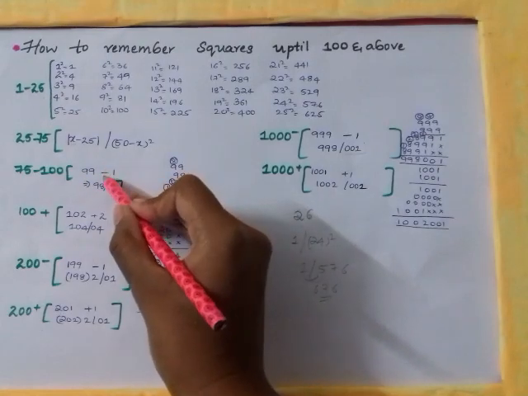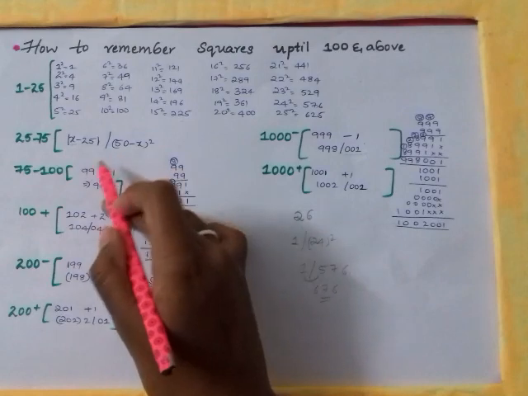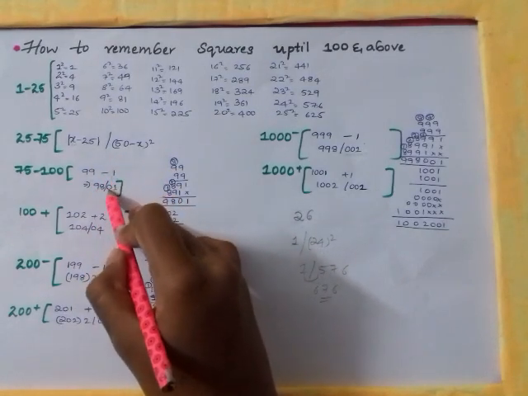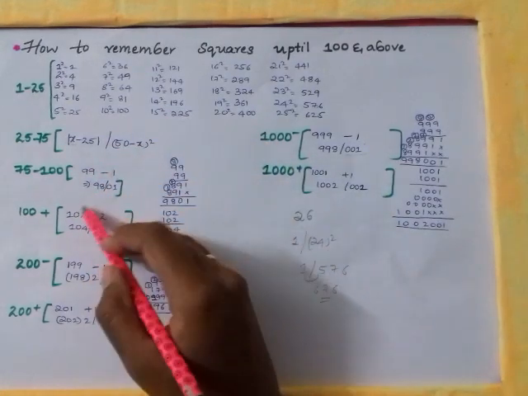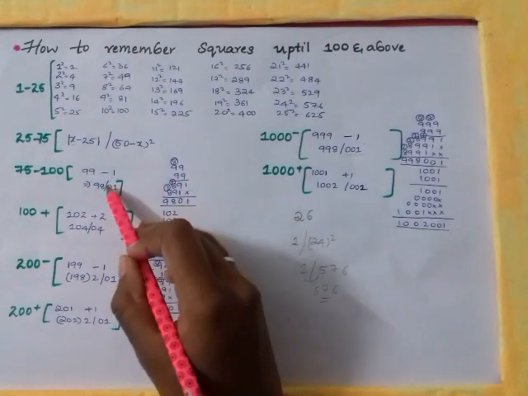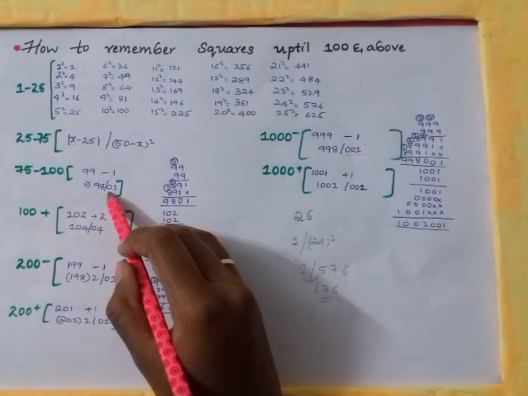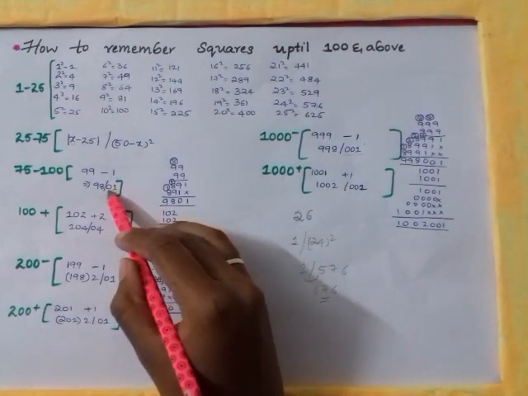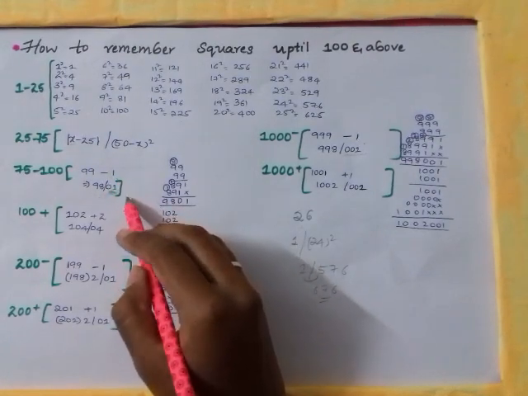So 99 minus 1 is 98, slash 1 squared is 01. So the square of 99 is 9801. Here the numbers around the slash are not added, because the number we need to write is the square of 1, which is 01.